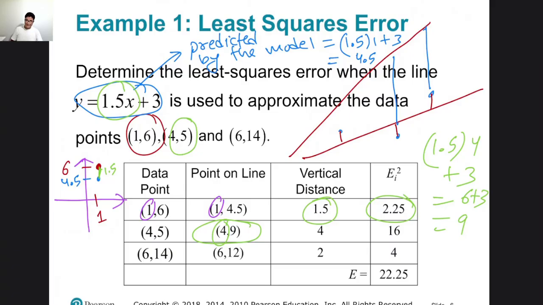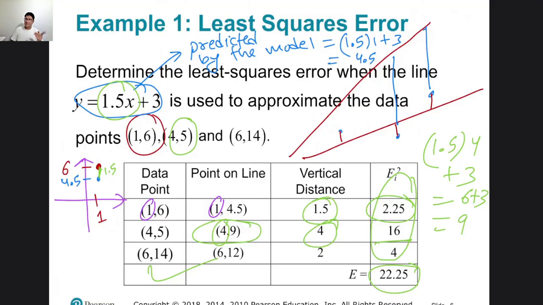So the difference is now 9 and 5. The difference is 4, squared. Like that, right? Then you repeat for the other point. Now you have these squares of errors in the last column here. You take their sum. So the total squared error is 22.25 with that line.